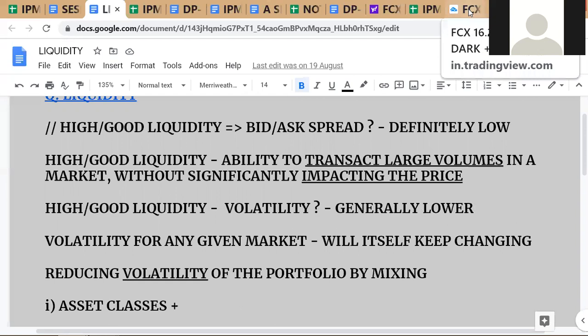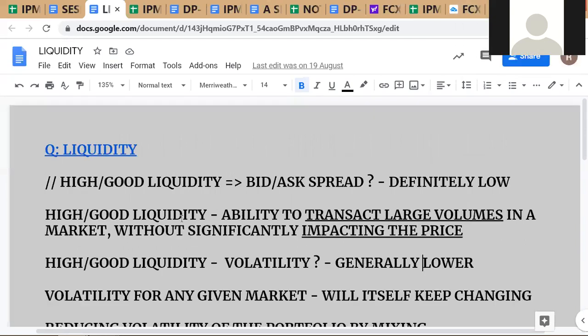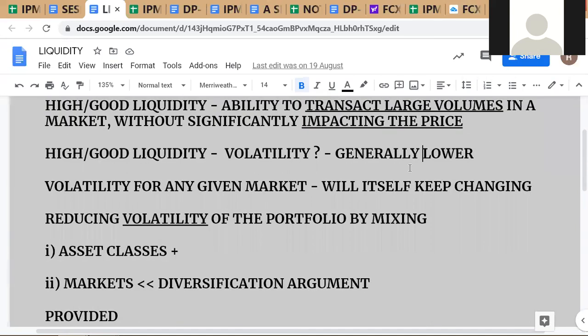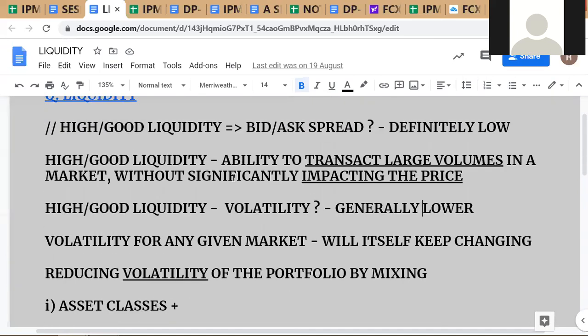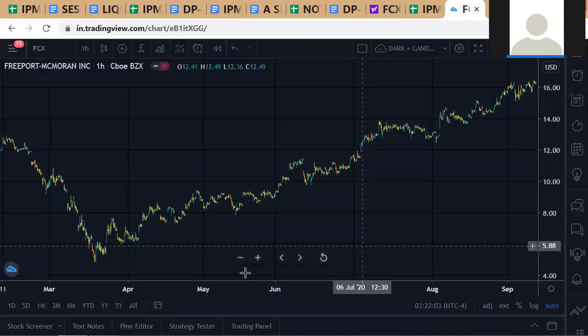So what do we mean by this? What is liquidity? Liquidity essentially, as you can see here, is the ability to transact large volumes in a market without significantly impacting the price. So liquidity generally means a high volume traded market, so you will have less volatility.